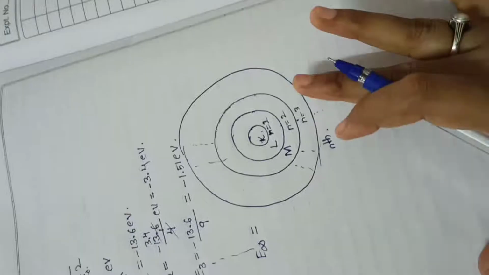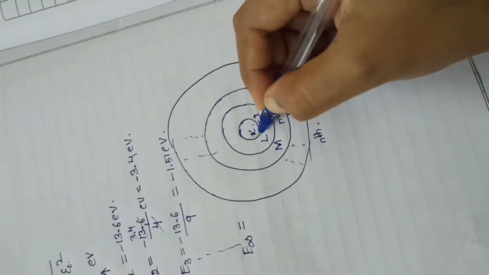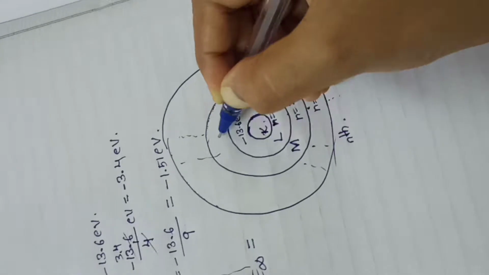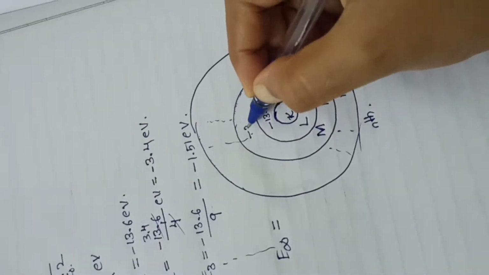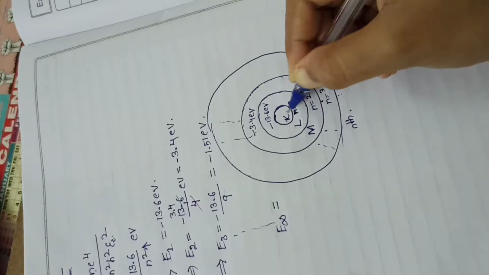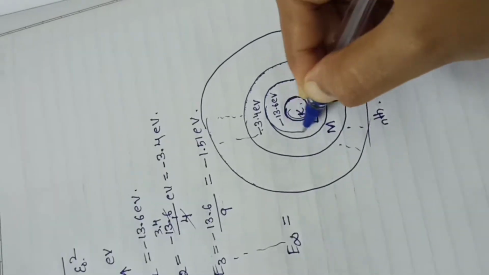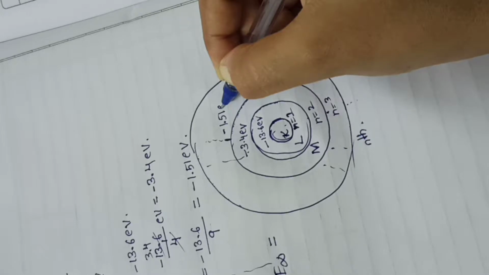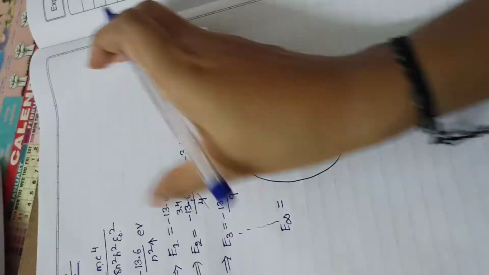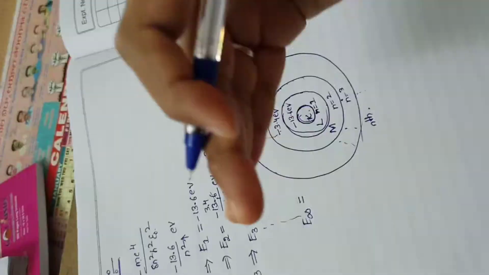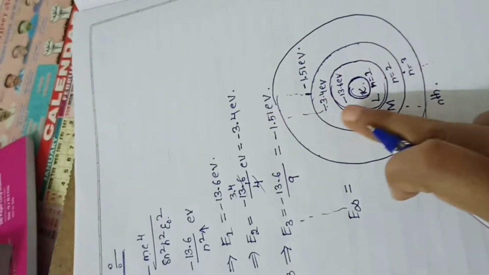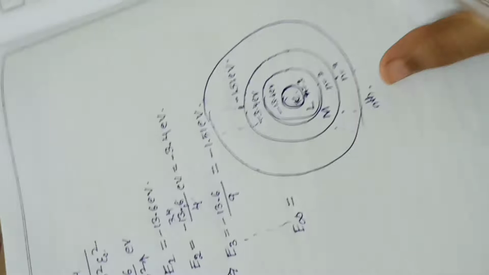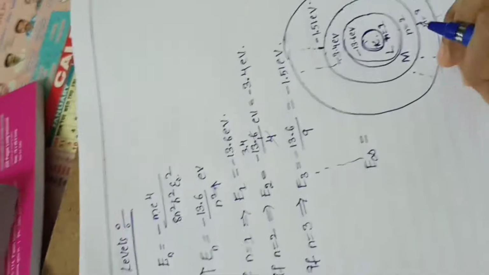The first orbit energy is minus 13.6 electron volts, the second orbit energy is minus 3.4 electron volts, and the third orbit energy is minus 1.51 electron volts. So as the orbital number increases, the energy levels also increase. This is about the energy levels.